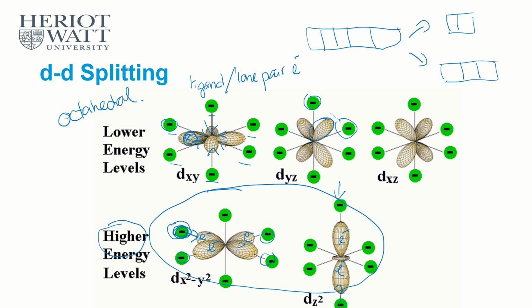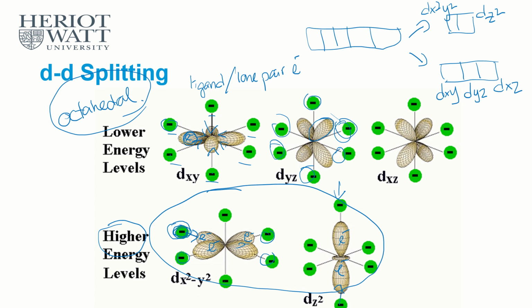The two on top are dx square y square and dz square, and the three with lower energy are dxy, dyz, and dxz. Now, this splitting is only meant for octahedral. If they are arranged in different shapes, the splitting will be different because the ligands come in from different directions.